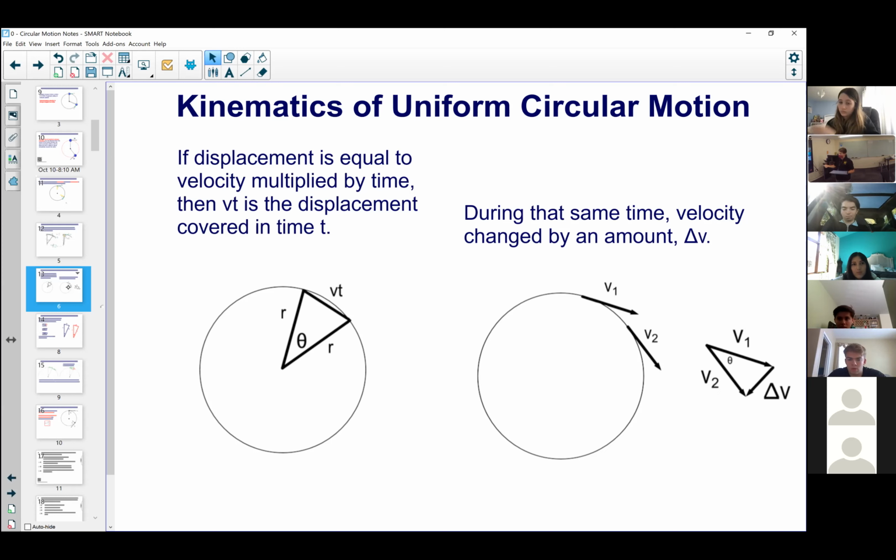Now, if we just do a little algebra and multiply both sides by v and divide both sides by t, we end up getting delta v over t equals v squared over r. What is delta v over t?